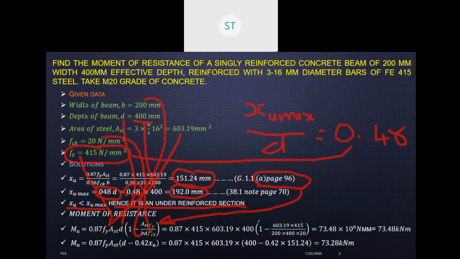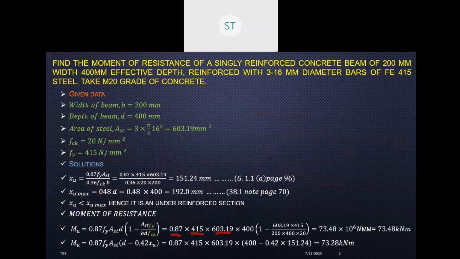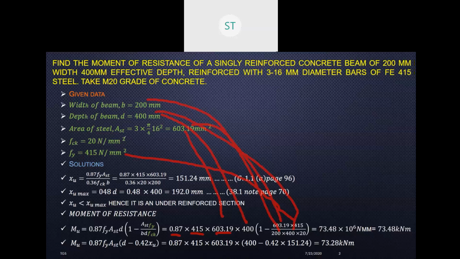All these values are put here: 0.87 into 415 into area of steel and d, then AST, again AST into Fy, divided by b into d into fck.